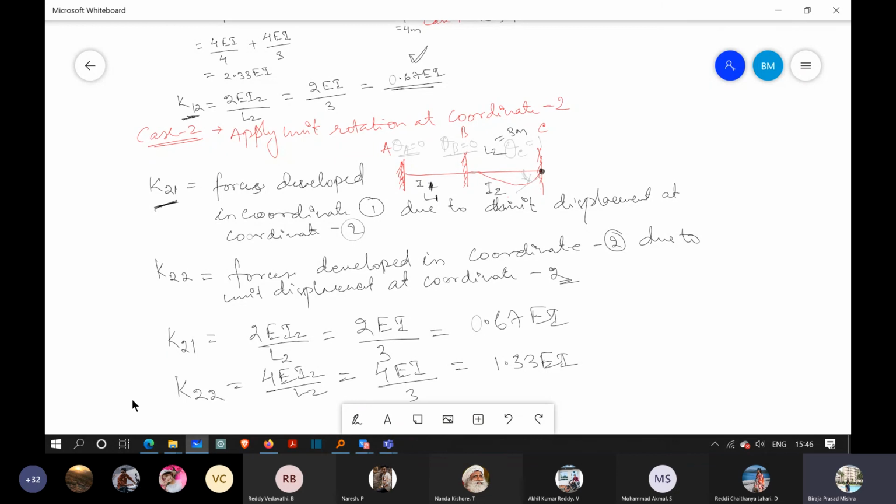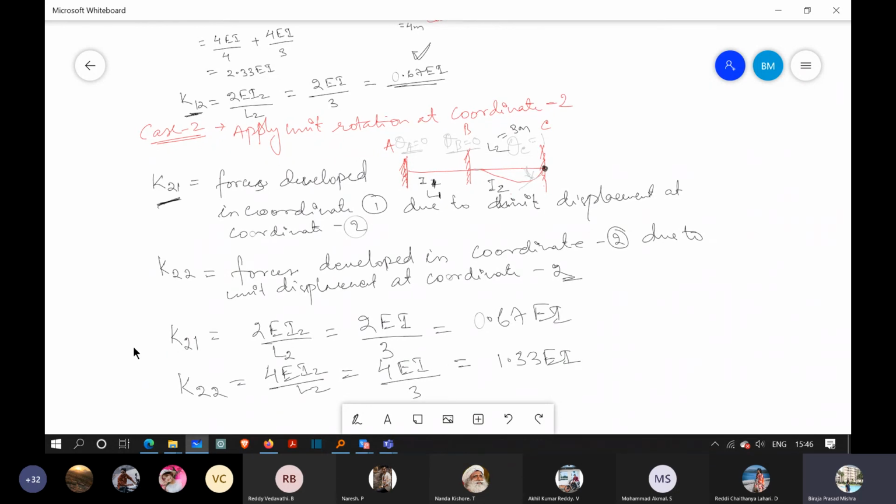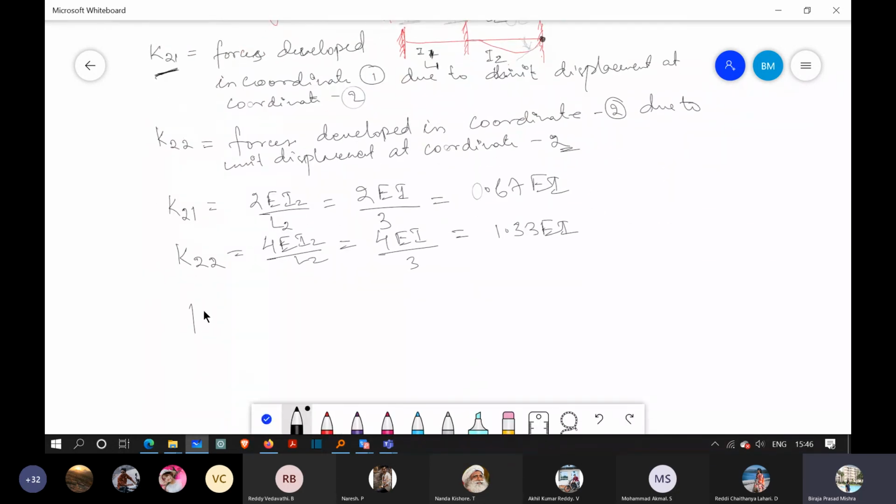Now we can say that the K matrix, or the stiffness matrix, is K11, K12, K21, K22. How much is K11?